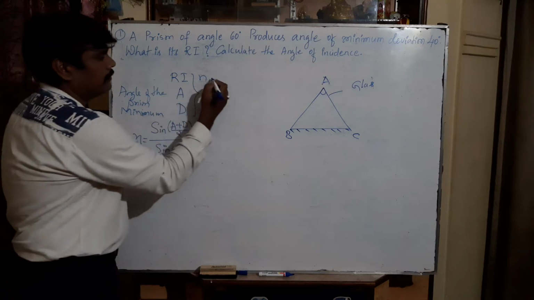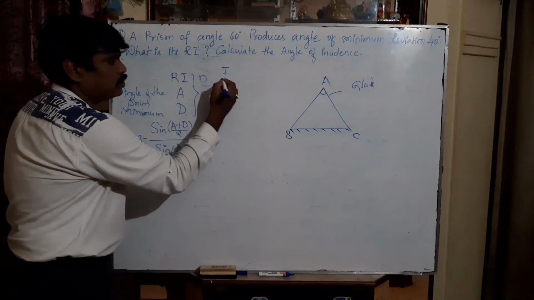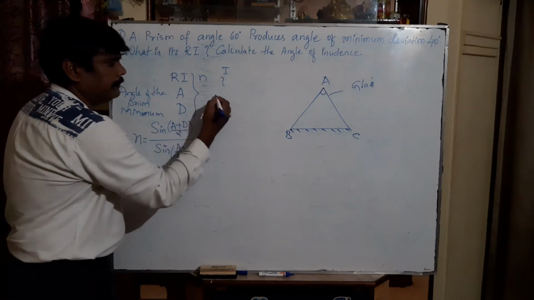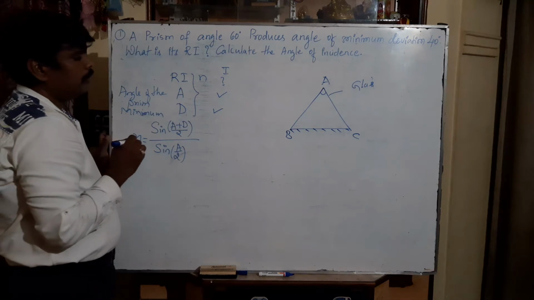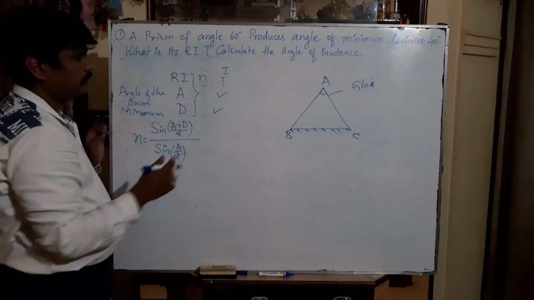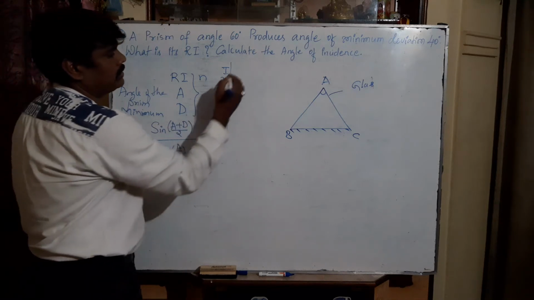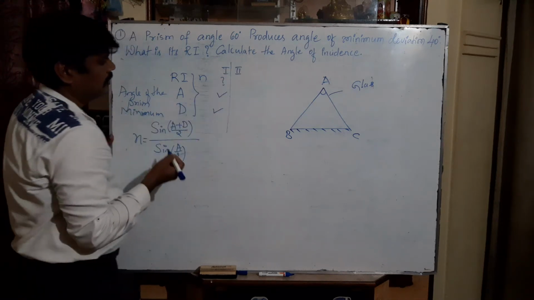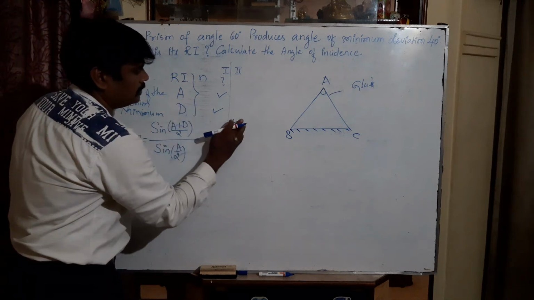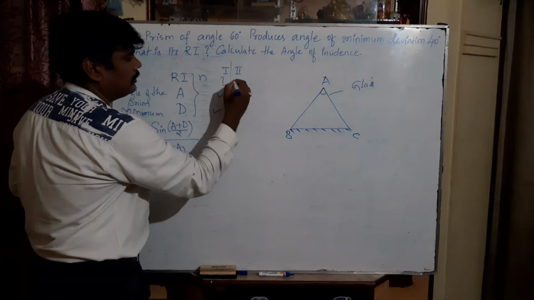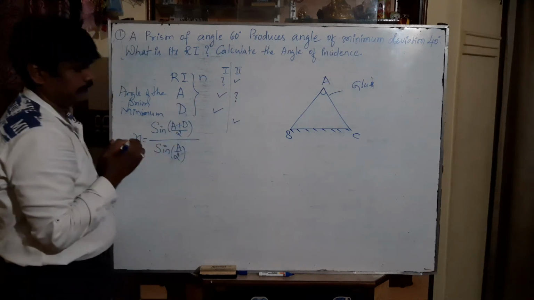In the first case, the refractive index has to be calculated, if the angle of the prism and the angle of minimum deviation are given. The second possible case is that the angle of minimum deviation and the refractive index are given, and you should calculate the angle of the prism.